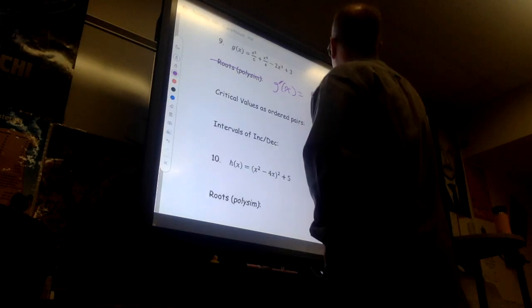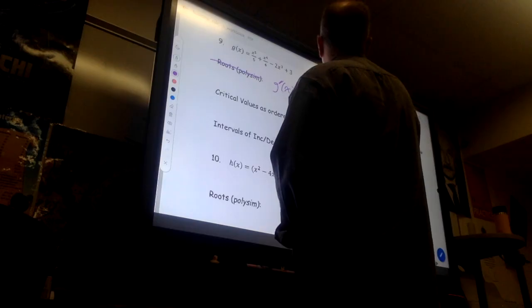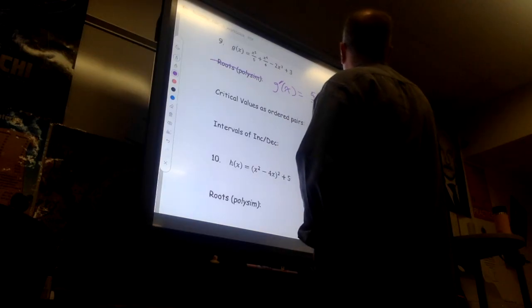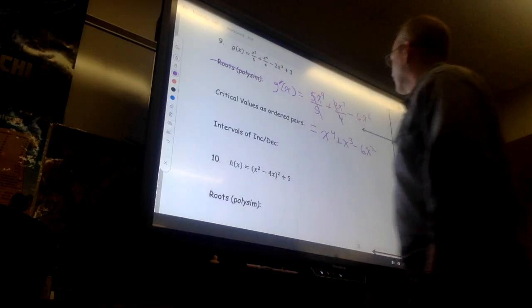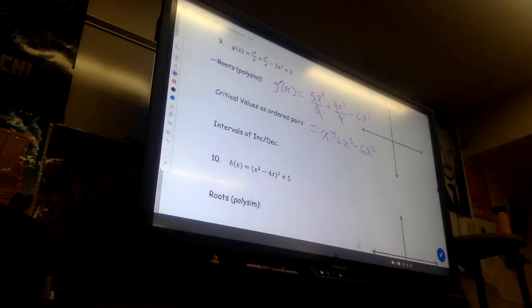You can cancel those out, which makes it a little nicer. So I get this to be my derivative. Okay, so that's what the derivative is cleaned up, which made it nice. A lot of times in math classes, if they've done it correctly, they'll make things cancel out nicely. They don't always, but sometimes.